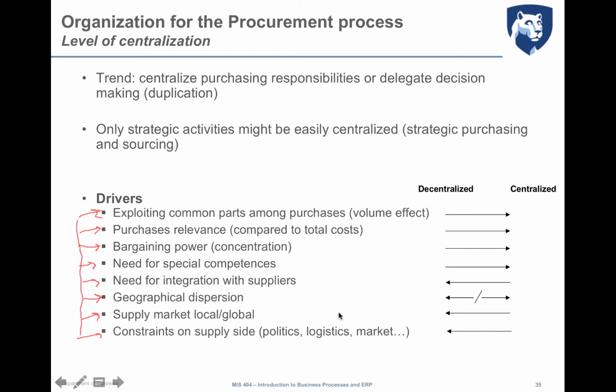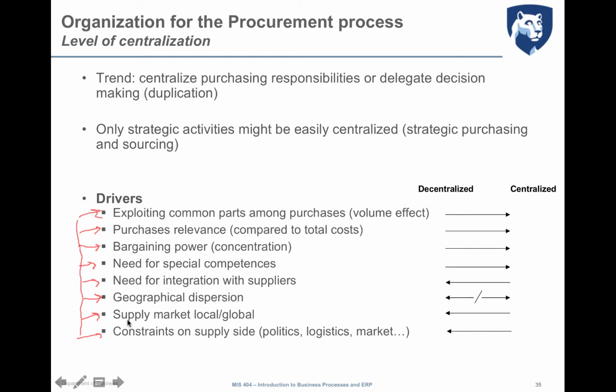When I need to integrate with suppliers, of course, if I have local, decentralized offices, it's easier, because local offices are more likely to be a proxy to the supplier with which I want to integrate. The more the company is geographically dispersed, the more there is the need to have a centralized office. But of course, there is a breaking point, because when companies are really dispersed, a centralized office is not able to manage everything, so we also need local offices in order to support the central structure.